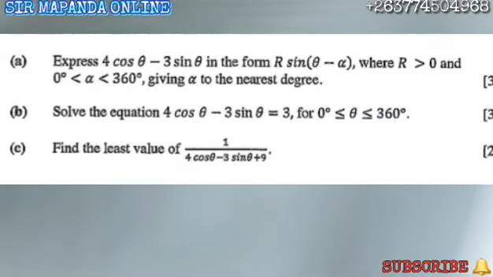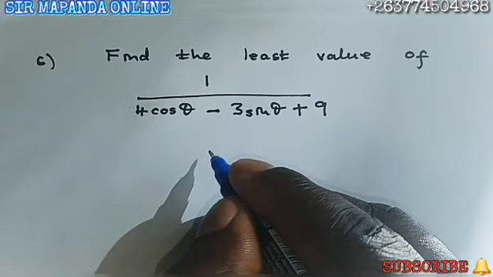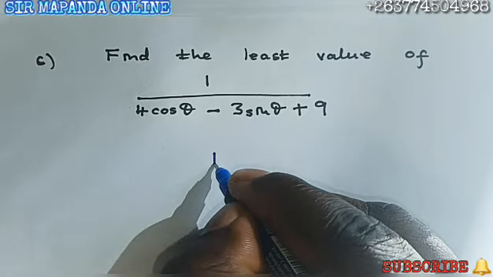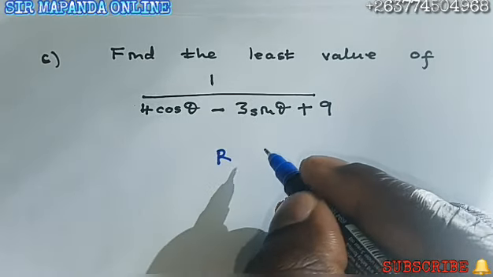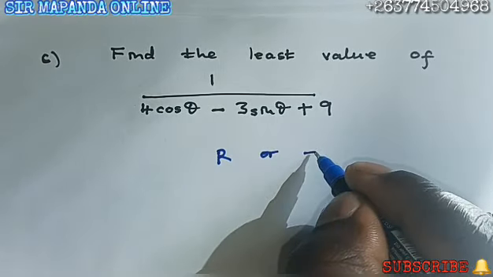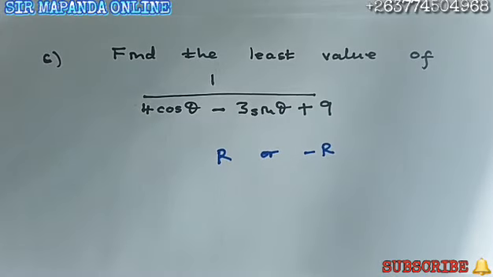Right, so part C of the question, it reads, find the least value of 1 over 4 cos theta minus 3 sin theta plus 9. All right, so the least value is determined by R or minus R. Remember, R is 5.